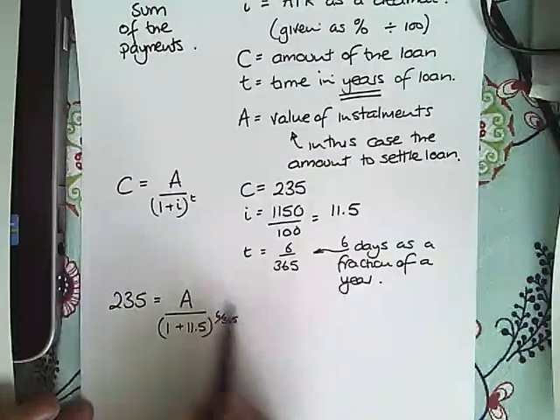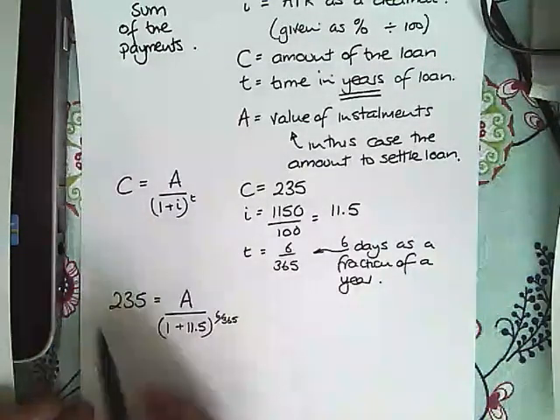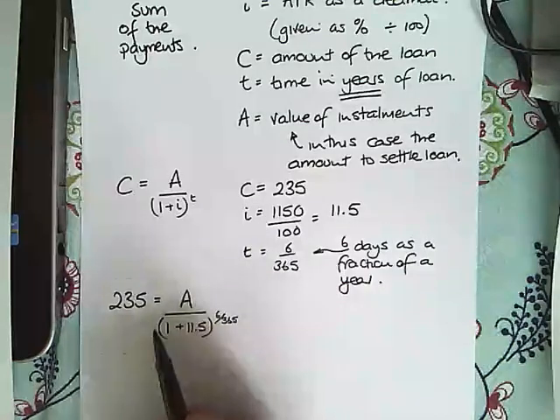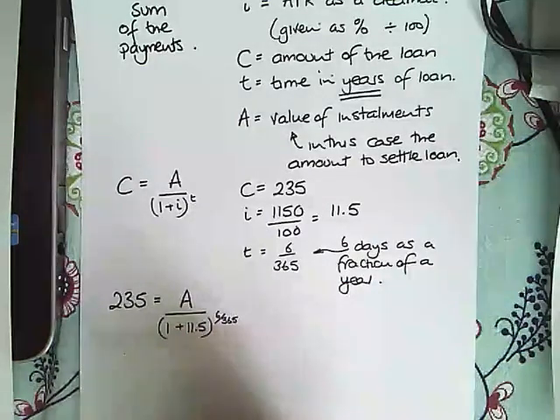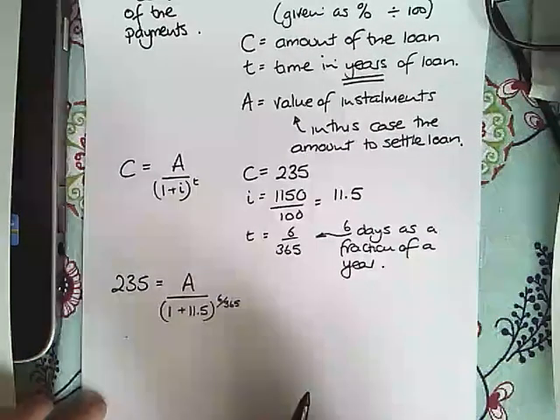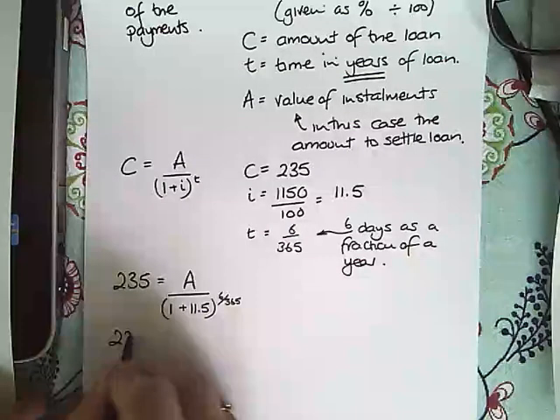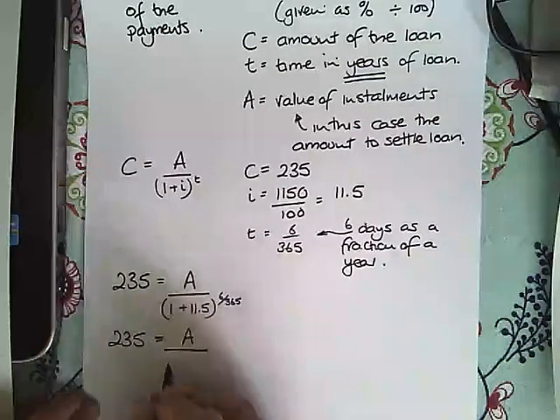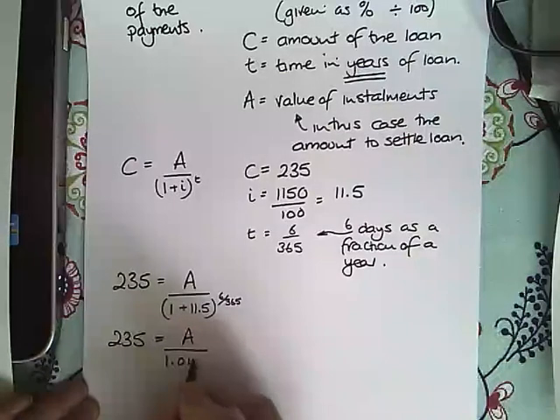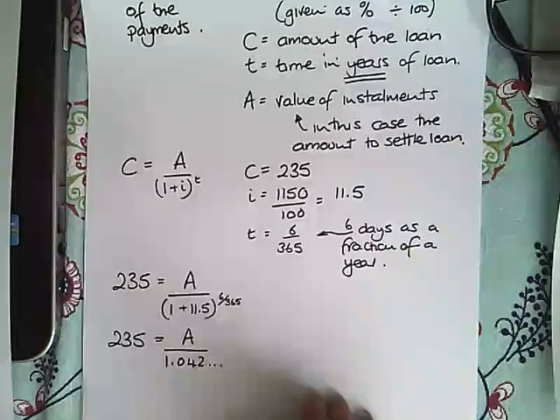We're going to rearrange this to make A the subject of the equation, and that means we're going to times by the denominator. If you want to work out the denominator first of all, then you can, and then do a times. So we would have 235 is equal to A over, comes out to be 1.042 and so on, if you put it into your calculator.